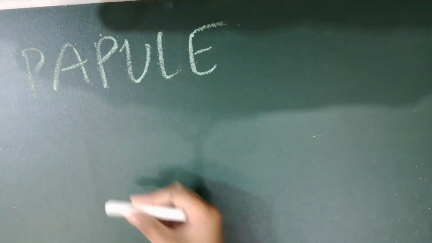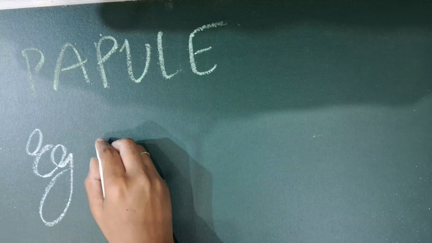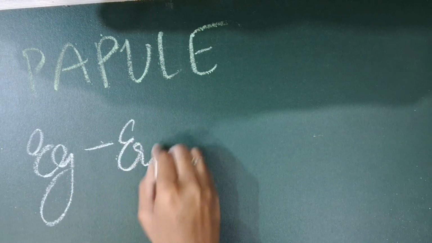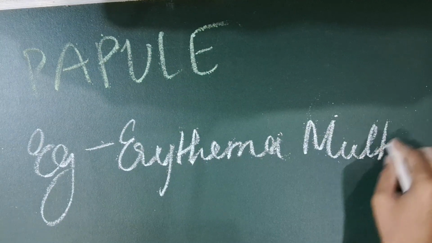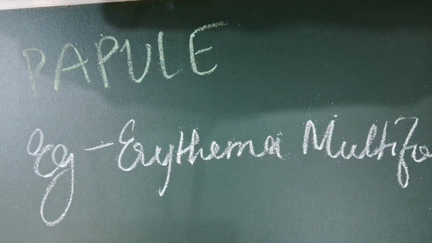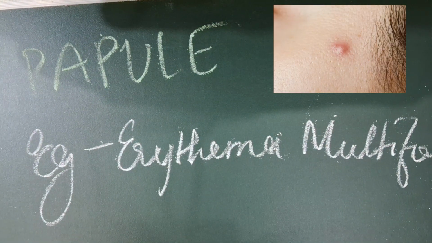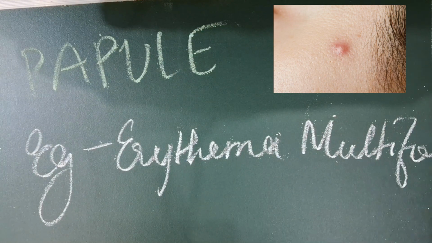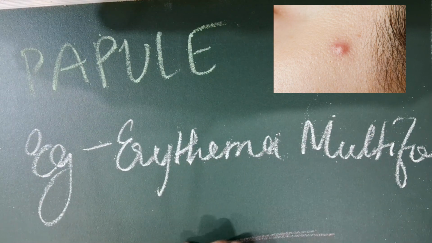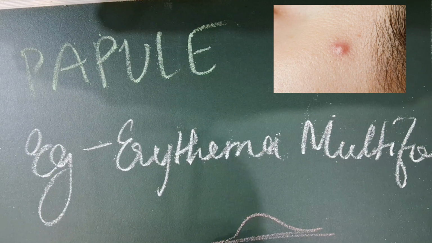papule. An example is erythema multiforme. So what are papules? Macules were flat. Now papules are solid raised lesions, like a bump on the epithelium, raised above the surface.